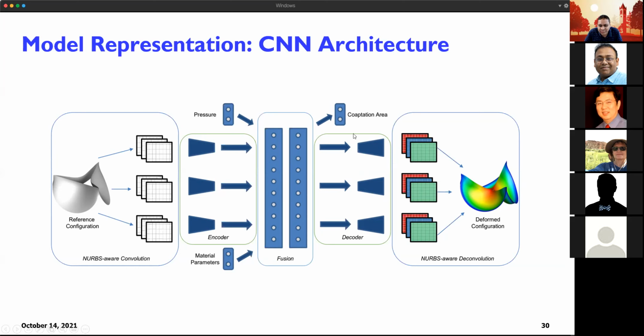Then we have a deep convolution layer, which can essentially deconvolve this and predict the deformed configuration of the valve itself. On the other hand, certain parameters like the coaptation area, which are important, we can also directly infer from the fusion layer using a separate fully connected layer.